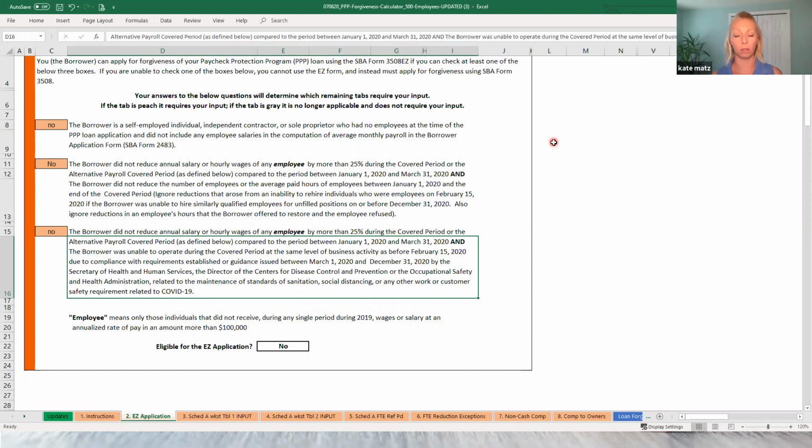So something that said your industry needs to shut down, or something that said you need to really have that 6 feet for social distancing, and you've had to reduce the number of employees working around your facility because of that social distancing, then you can qualify for that third criteria.